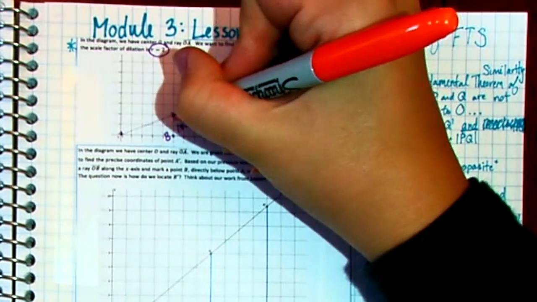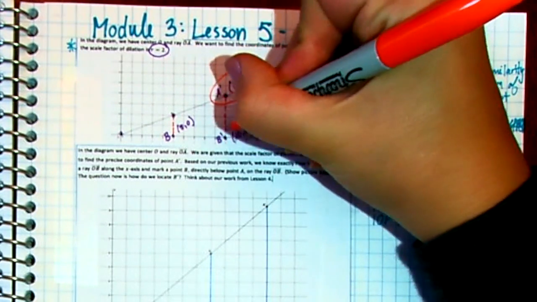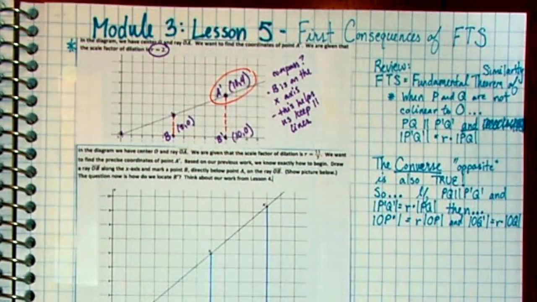So I'm dropping a point right below coordinate A to create a coordinate B, which I can see is 5, 0. Now I can use my scale factor of 2 to multiply and get B prime, 10, 0.